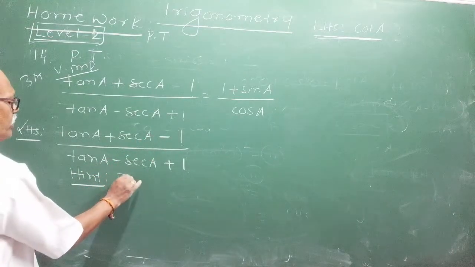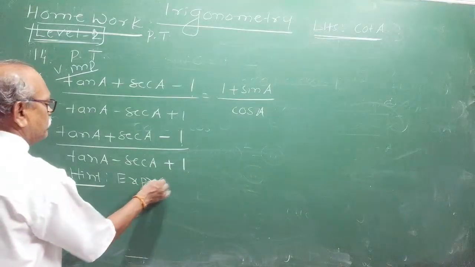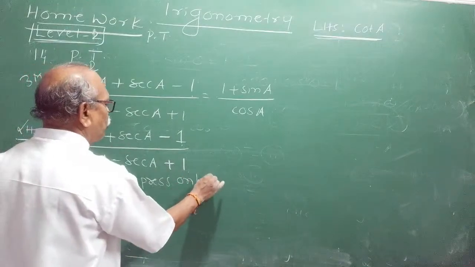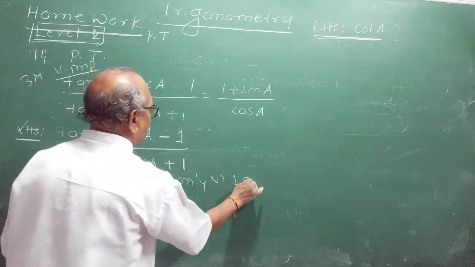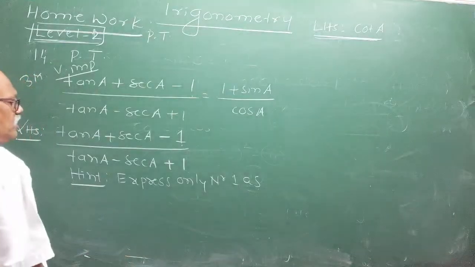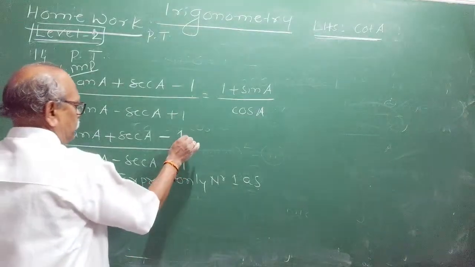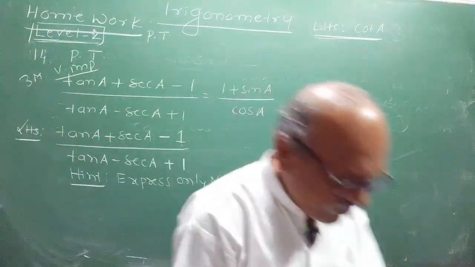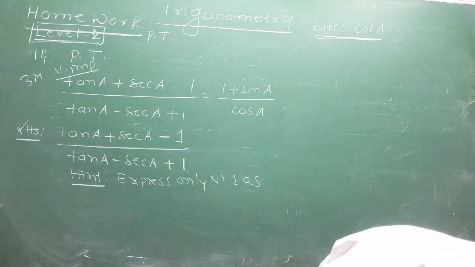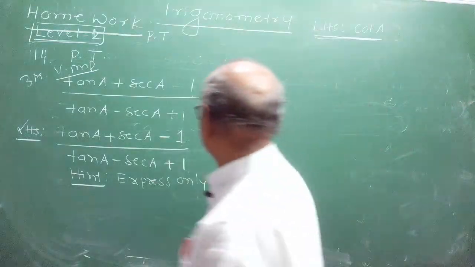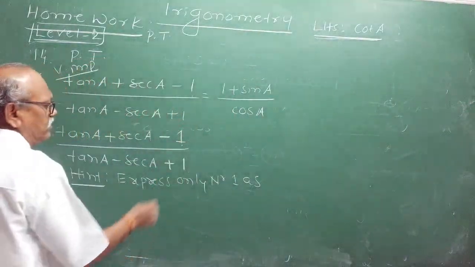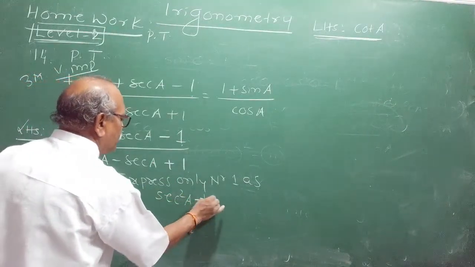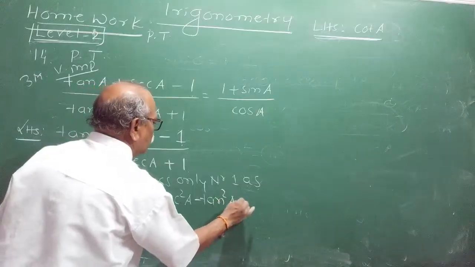Express only numerator 1 in the form of secant and tan. How can we write secant tan? That is sec square A minus tan square A is equal to what? 1.